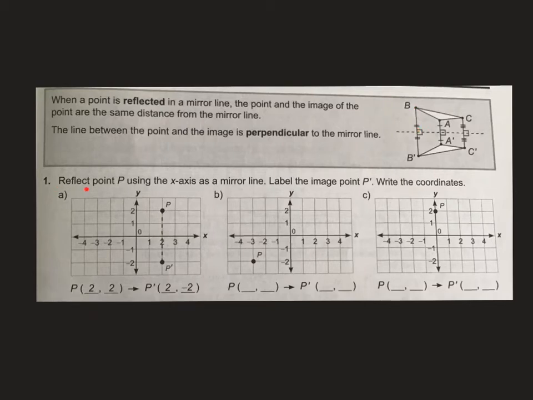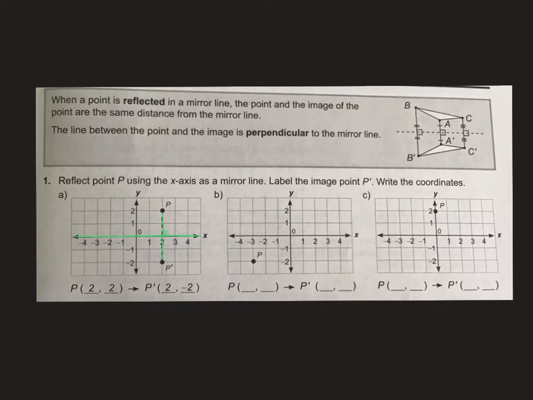So for question number 1, they ask you to reflect point P using the x-axis as the mirror and to label the image point P image and write the coordinates. Your first step, they'll have given you P, is to draw the image of P across the x-axis. Our mirror is the x-axis, and if it is 2 lines away here, then it's going to be another 2 lines away there.